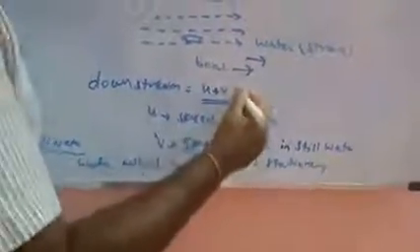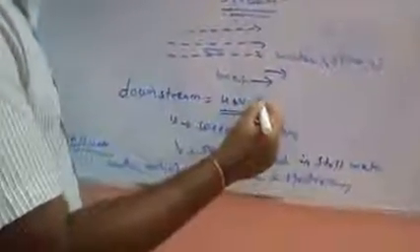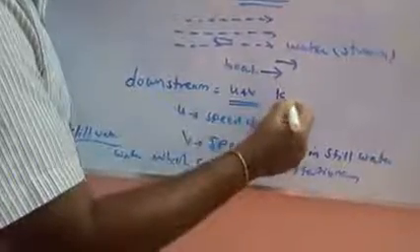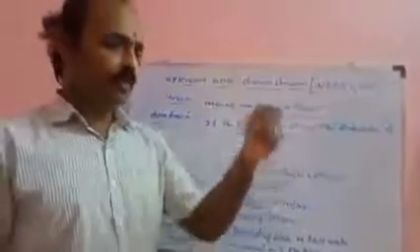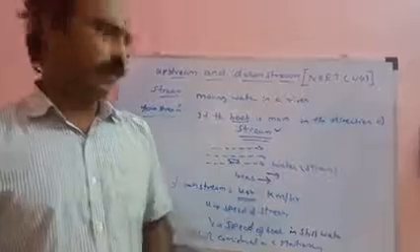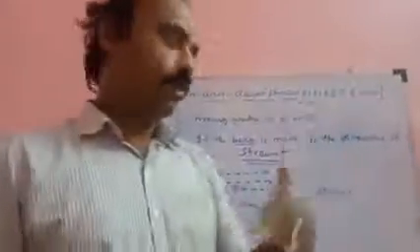Once again, what is the meaning of still water? So stream, downstream and upstream are given in terms of kilometer per hour. If we need to change this kilometer per hour, it is possible by multiplying by 5 by 18, as I already told. So we are able to change kilometer per hour into meter per second also.